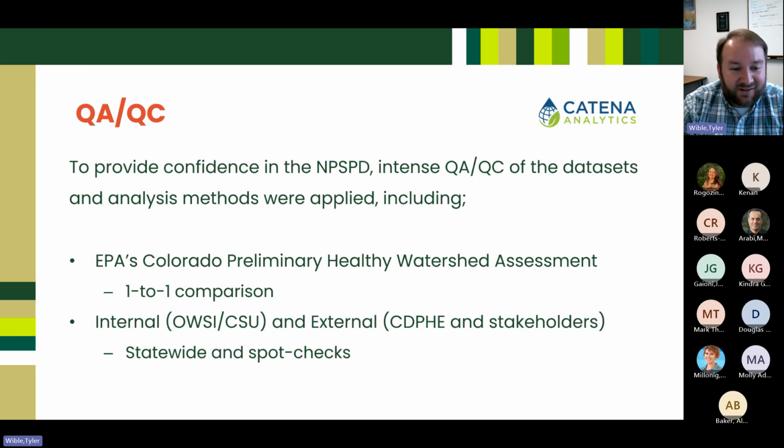We calculated the natural land cover, and we did that end to end for every one of those 235 metrics, which was tedious. So there's a lot of spreadsheets involved in that for comparing the outputs. But the point is, the algorithm is the same. We match the same output as what the preliminary health of watershed assessment framework does, and the data quality is the same, despite the data being newer, right? So the 15-year-old preliminary healthy watershed data is not what's available in this tool.